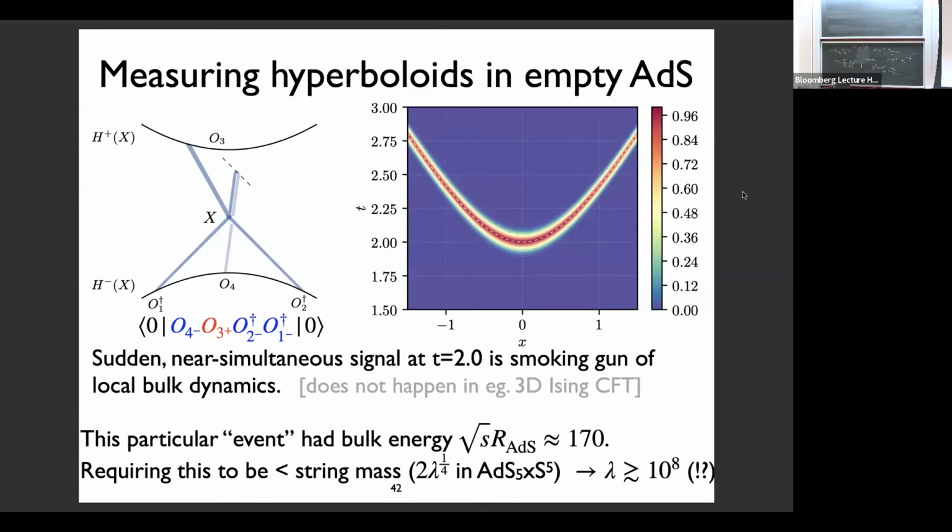When this picture becomes too blurred, you can't tell it apart from the future light cone of a boundary point. And when the future becomes just the future light cone of a boundary point, there's no information in it. This is bulk physics. The information in this picture is the fact that this is curved at the bottom. So you lose that when the higher spin gap becomes too small.